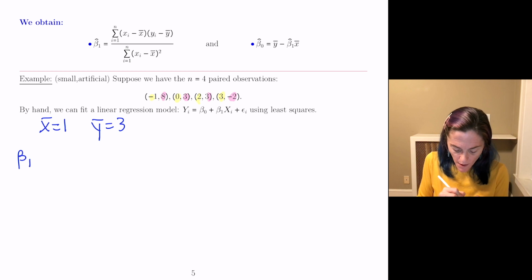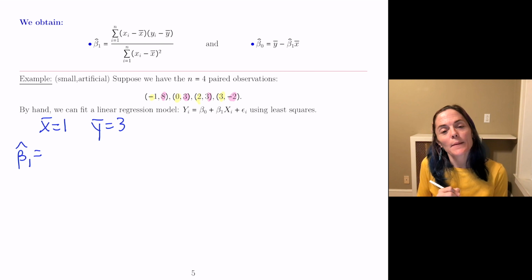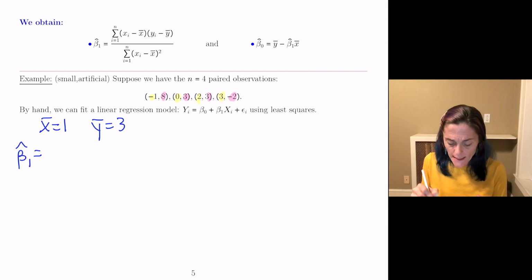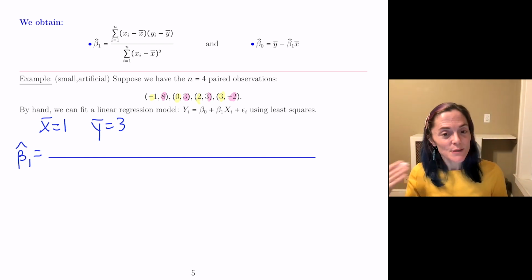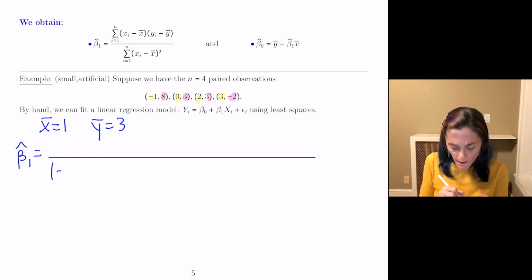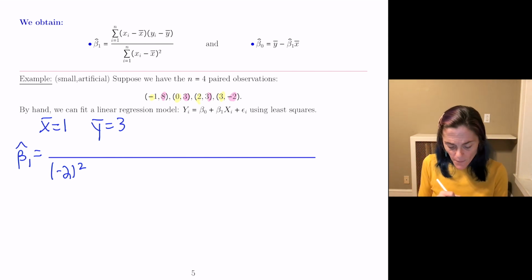Okay, so now we can calculate beta 1 hat first, then we can calculate beta 0 hat. Well, this is kind of a big calculation. For n equals 4, it's not too bad. So for i equals 1, in the denominator, you notice that xi is negative 1. So minus 1 squared. In my numerator, I have minus 1 times 8 minus 3.